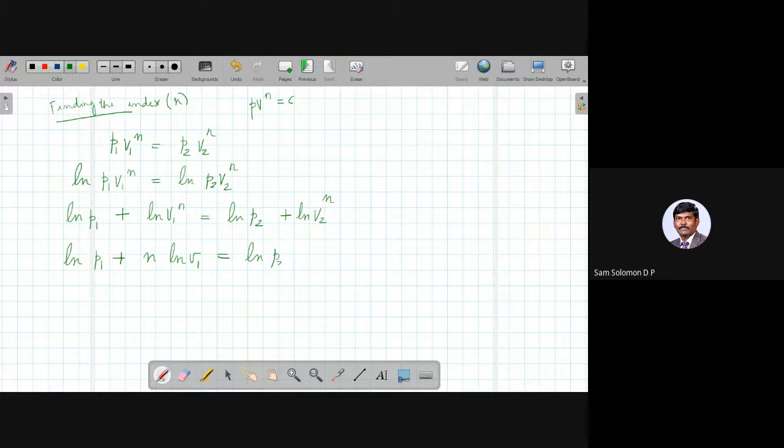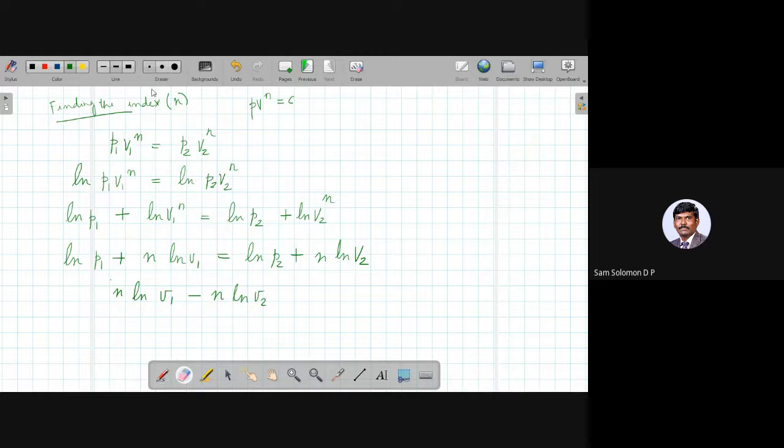ln P2 plus n ln V2. We are using capital everywhere, so let this also be capital. So what you'll have is ln P1 minus, we will do the other way around, n ln V1 minus n ln V2.